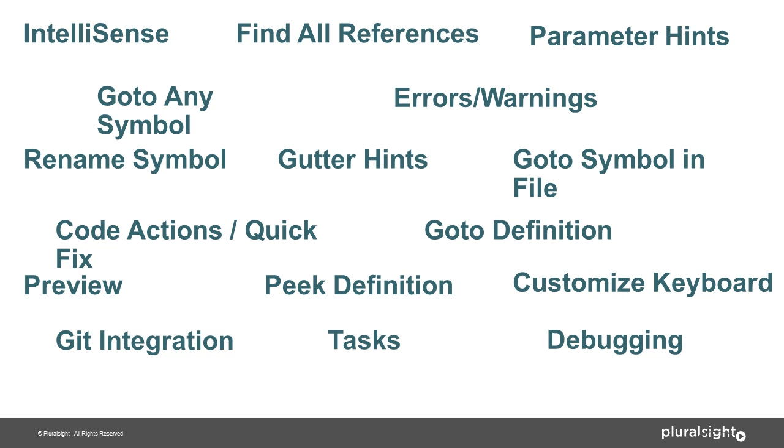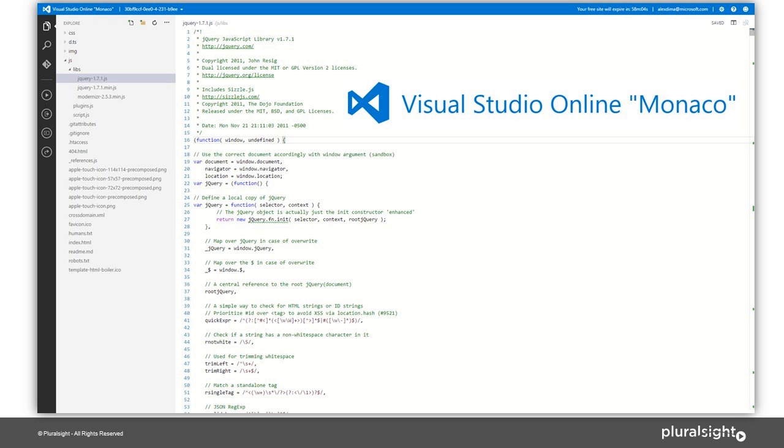So where else has this been built? Well, I mentioned that Eric and Chris both worked on Monaco. And if you remember, there's a Visual Studio Online editor, which is up there, and it looks very similar to Code. So basically, Monaco is the engine built for this. And from what I understand from the folks who built this, they use the same source code base to share between this and Code for basically the brains of it.